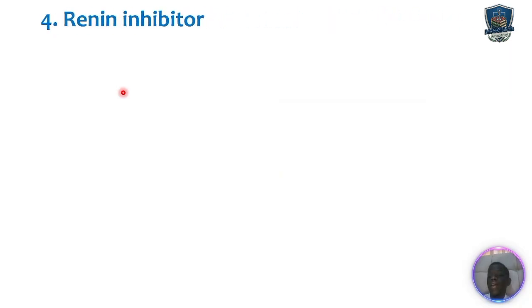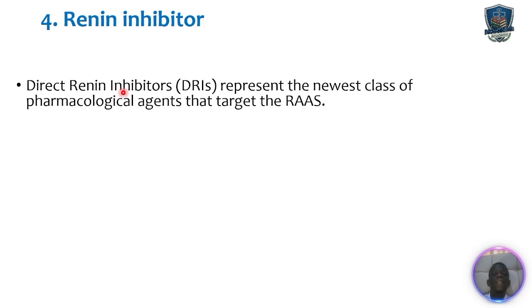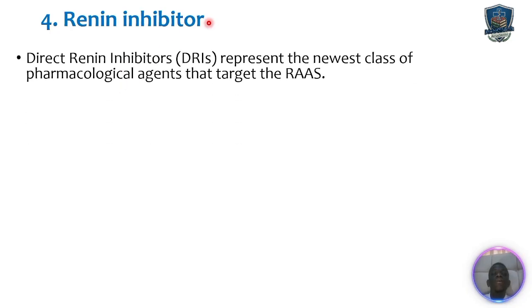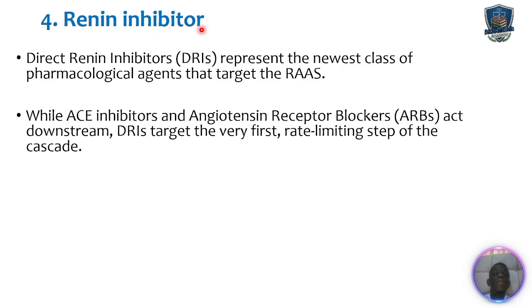Now let's look at our last classification of drugs. These are the renin inhibitors. I've just put inhibitor here because I only know of one drug that falls under this category, so it's a singular topic. Direct renin inhibitors represent the newest class of pharmacological agents that target the RAS system. While the angiotensin converting enzyme inhibitors and the angiotensin receptor blockers act downstream, direct renin inhibitors target the very first rate-limiting step of the cascade.